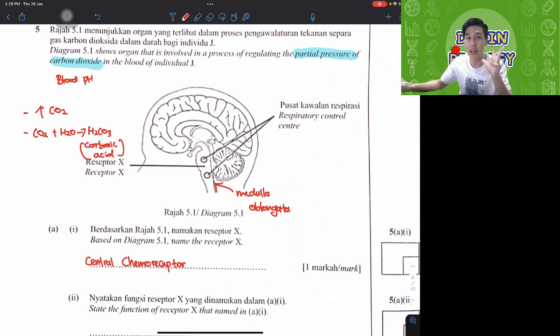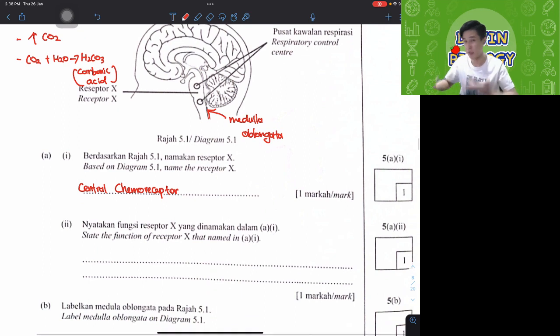So if your carbon dioxide level is high, you need to breathe out the carbon dioxide. So medulla oblongata will then send signal to your lungs to make you breathe faster. That's why when you're exercising, you cannot control your breathing rate. You breathe fast automatically because medulla oblongata controls involuntary actions.